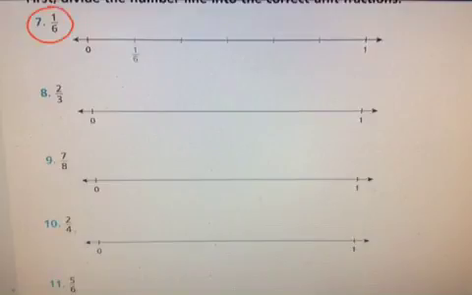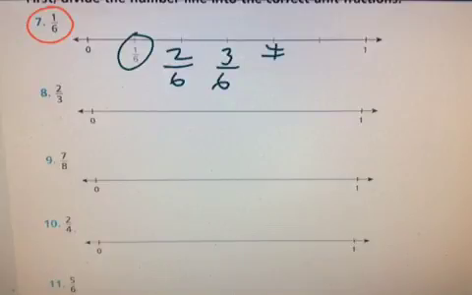That means there are 1, 2, 3, 4, 5, 6 sections between 0 and 1. And exactly where 1 is, that 6th section ends, which makes it 6/6. So right here you see 1/6. This would be 2/6, 3/6, 4/6, 5/6, and 6/6.